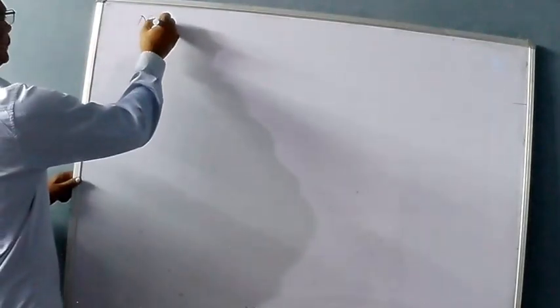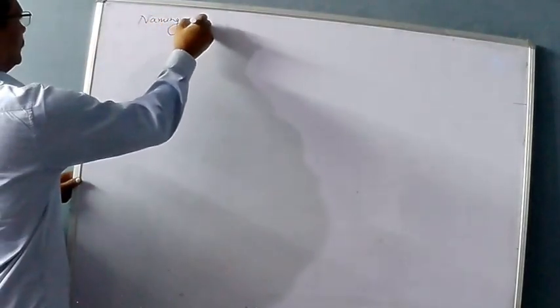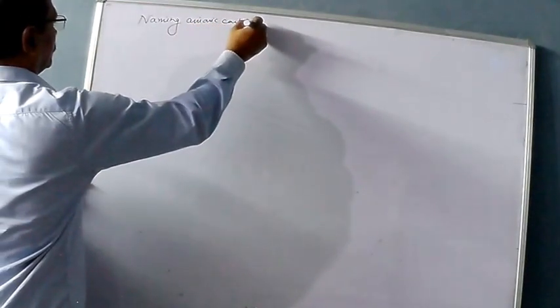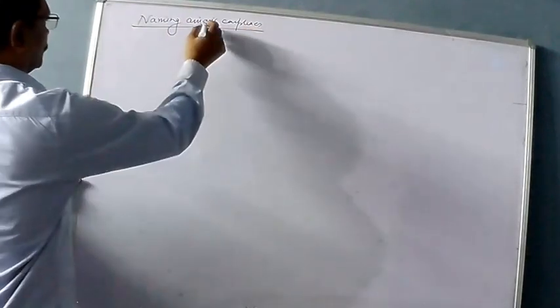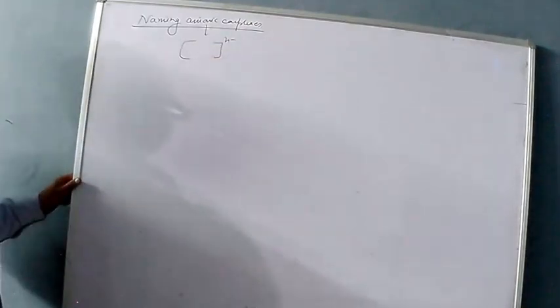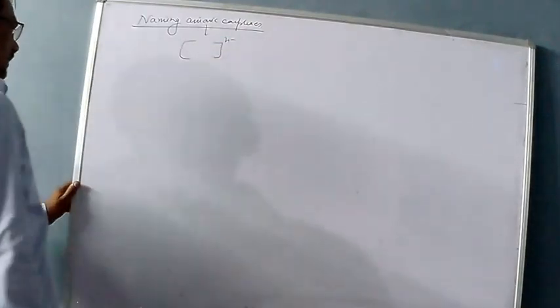So class, now we are going to take the second one, naming anionic complexes. So the class heading is naming anionic complexes. What are anionic complexes? When the coordination sphere bears a negative charge on it, they are called anionic complexes.